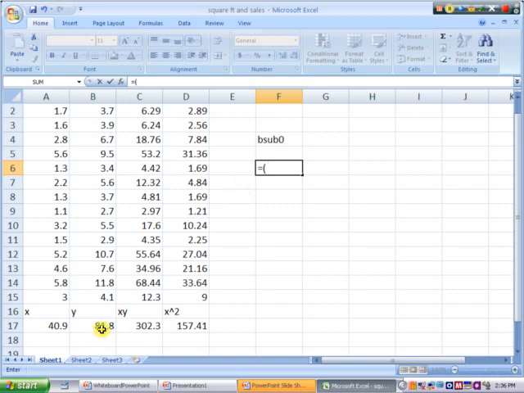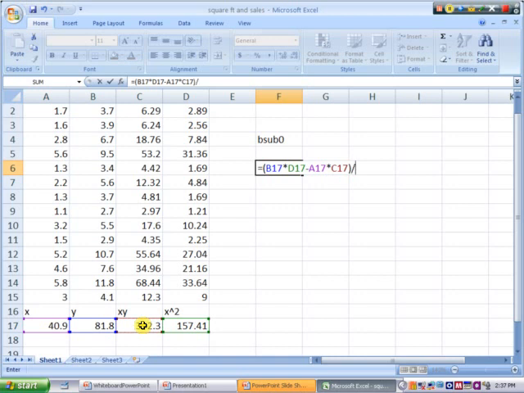So sum of the y, here's your y sum, multiplied by the sum of the x squareds, here's your x squared sum, then minus sum of the x's, here's your x sum, multiplied by sum of the xy, and here's your xy sum. Close your parenthesis, and that's your whole numerator.